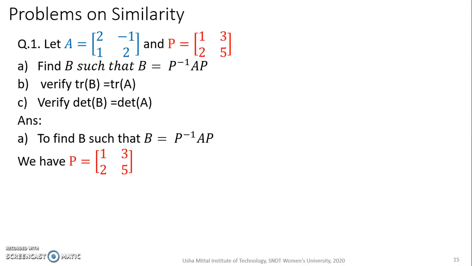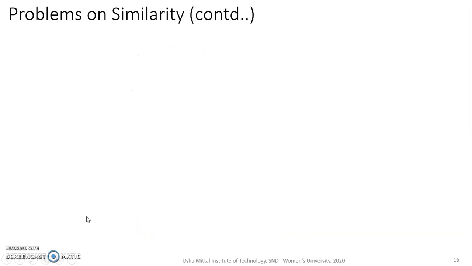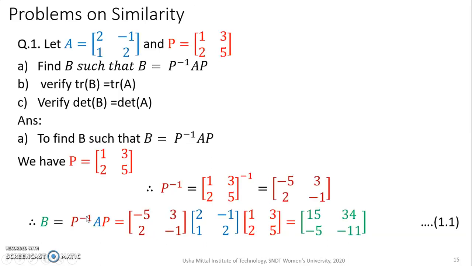So as we are already having a P, we will straightforward use this formula and construct the matrix B. So from the P we will find out the P inverse, and then we will find out the value for the B by using this equation. So this is the matrix B we got.